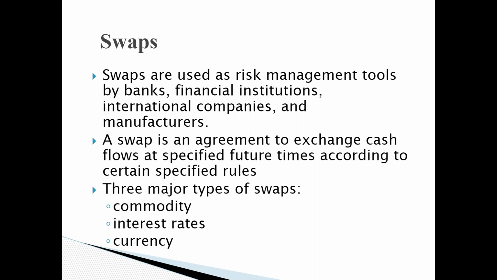Importers and exporters in different currencies can do swaps too. So you can have these types of swaps in practice, and swaps can be executed in any of these different cash flow exchanges.